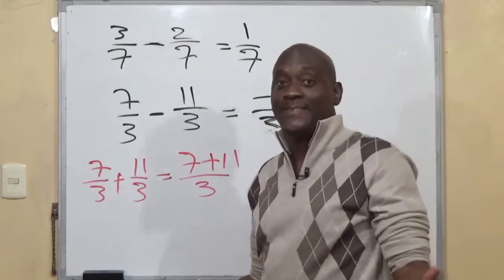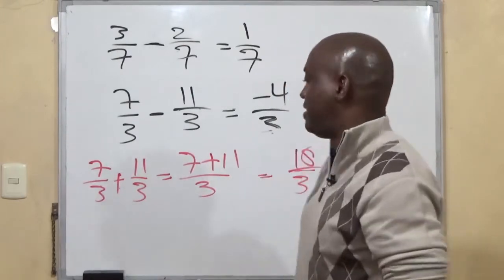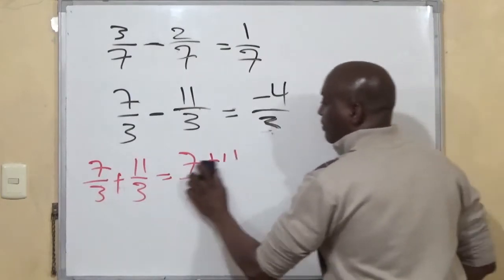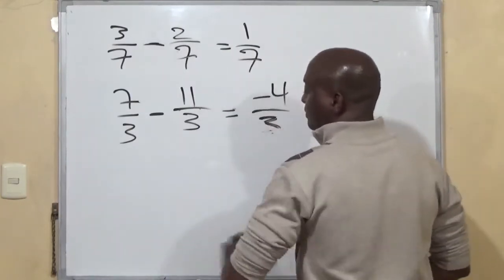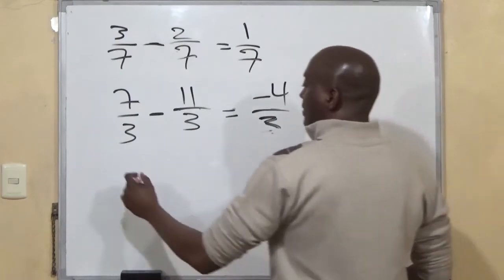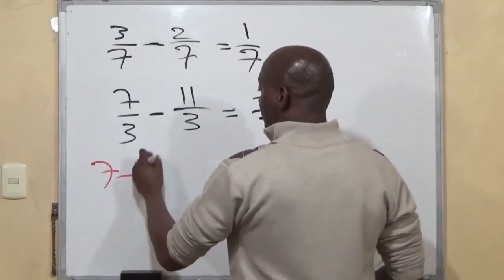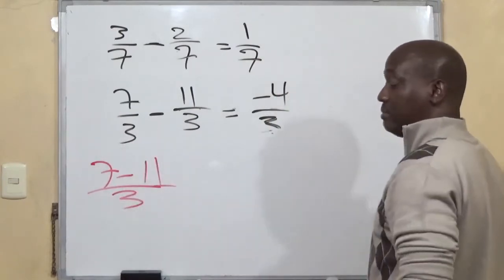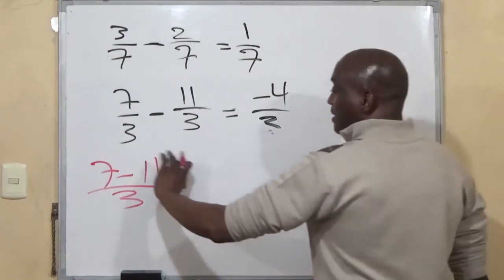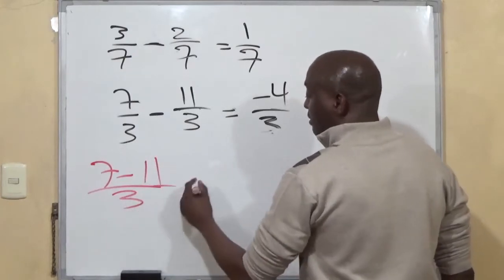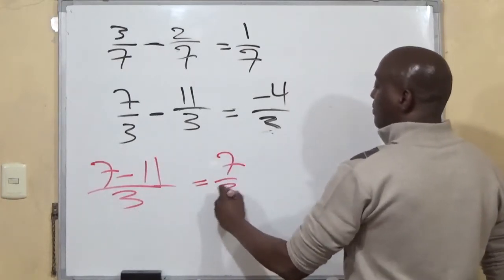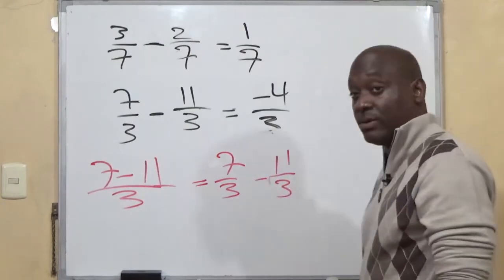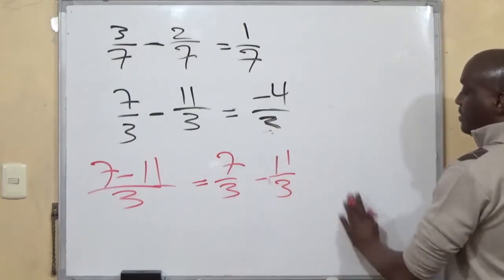Same difference, right? And of course, just as we did a few moments ago, if you started off by saying 7 minus 11 over 3, if you started off with the fraction written like this, then because everything here has the same denominator, you could write this as 7 over 3 minus 11 over 3, which will give you the minus 4 over 3.